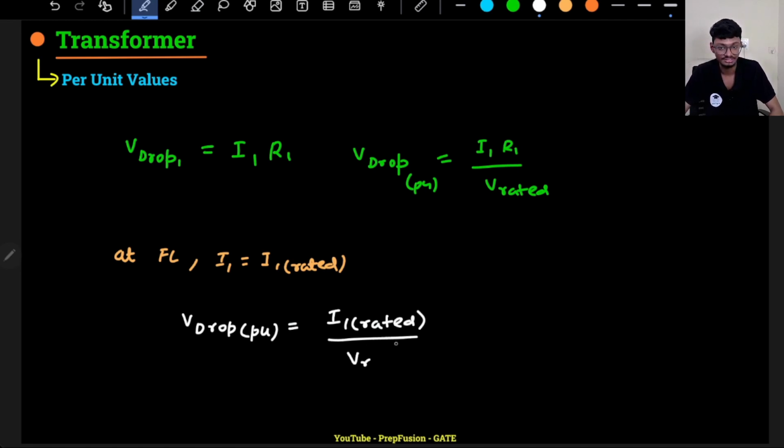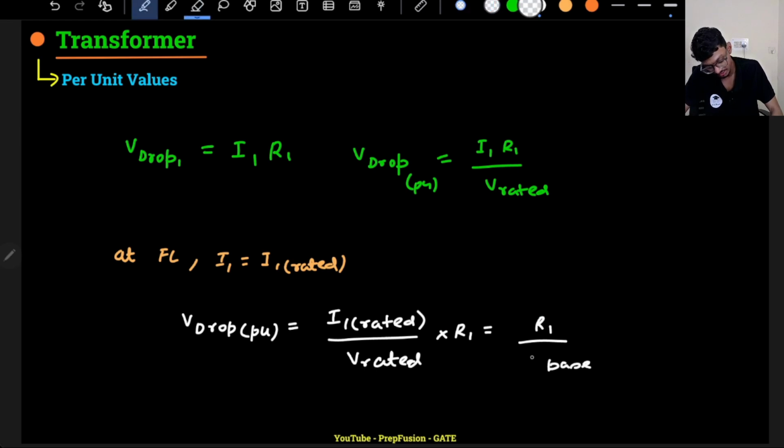All this I'm discussing in full load only. So this is actually equals to, into R1 is also there. So this is actually equals to R1 divided by basically R base, right? Or Z base, whatever you want to say. So this will be basically R1 PU.